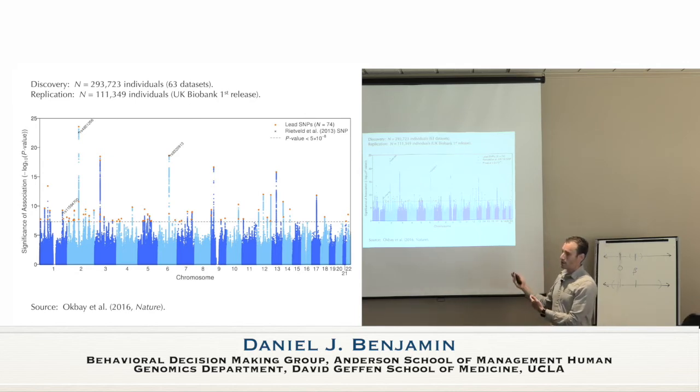And the replication record was quite good. It's not literally the case that every SNP replicated at Bonferroni correction, but what we could do was calculate what replication record you would expect if the 74 hits were all true hits, taking into account a certain amount of power. We have 111,000 people in the replication sample. What would we expect to see when we try to replicate? And the replication record matched up pretty well with what we expected.